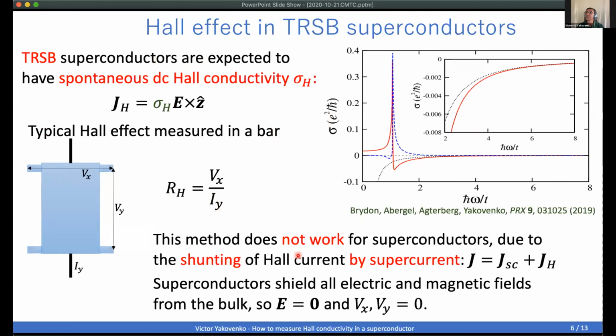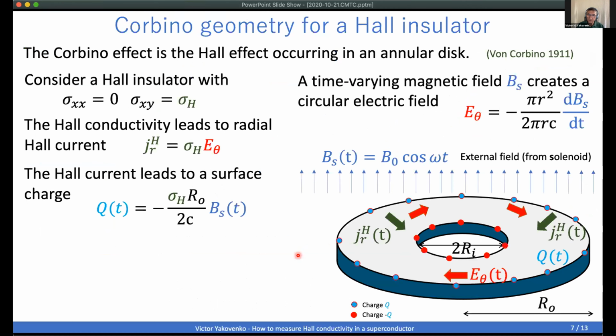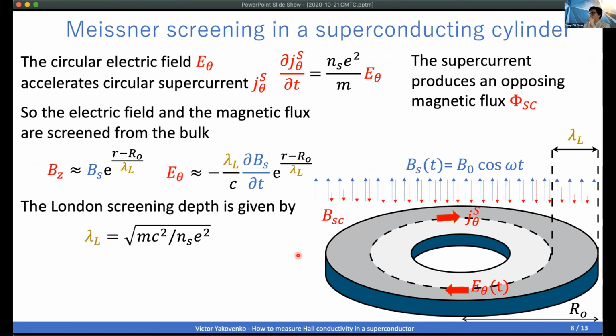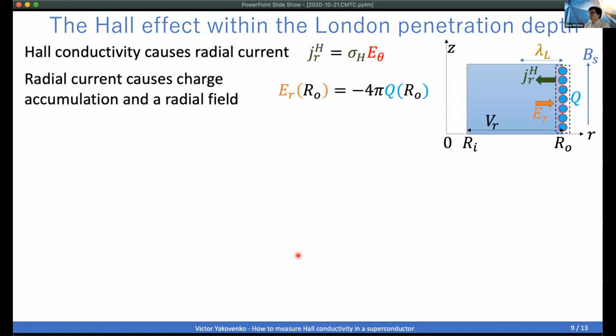Victor, I have a quick question. When you show this cylinder shape and the charge accumulation for the superconductor, can you go to that slide? It's just a clarification question, because you show one charge accumulating on one side. I'm just curious, where is the opposite charge?